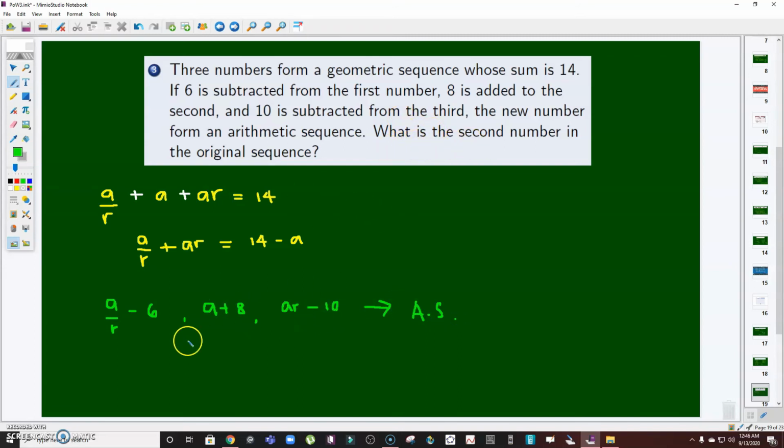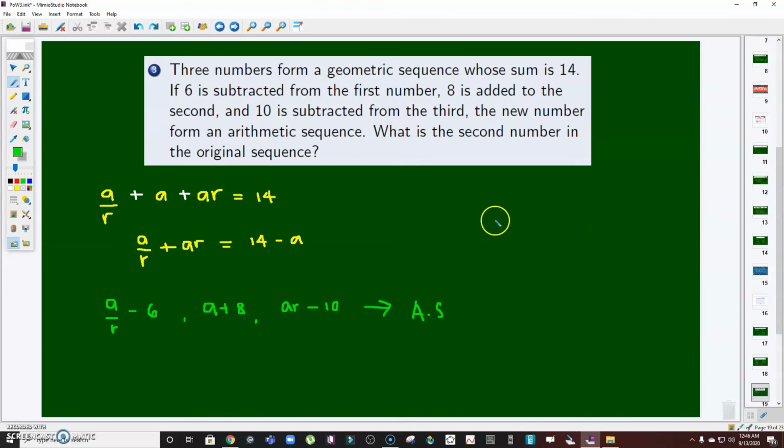Now, again, those are 3 numbers. When we say arithmetic sequence, the average of the first and third is equal to a plus 8. Agree? So take note, in an arithmetic sequence, a1 plus a3 over 2 is equal to a2. So, that's the concept that we're going to use.